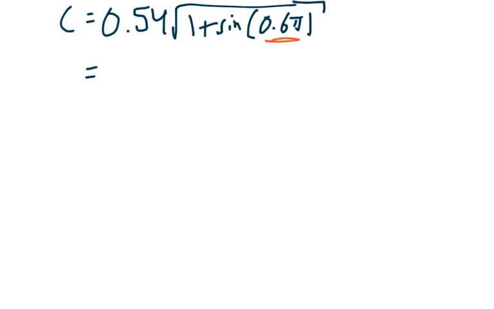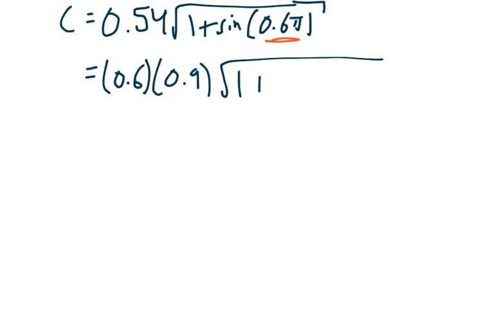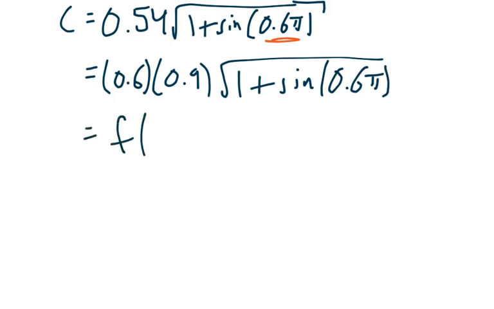We know we're going to need something from the last step. So we have 0.6 here times 0.9, that's 0.54, square root of 1 plus sine of 0.6 pi.